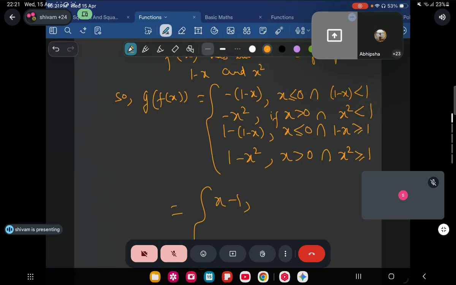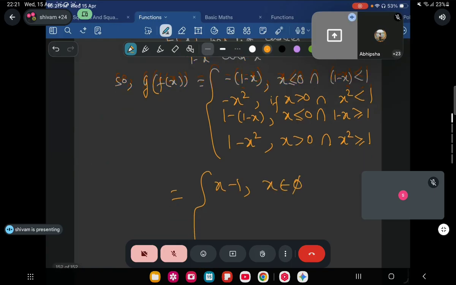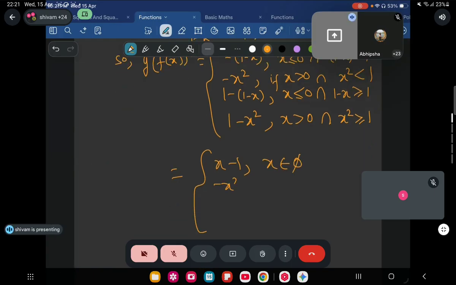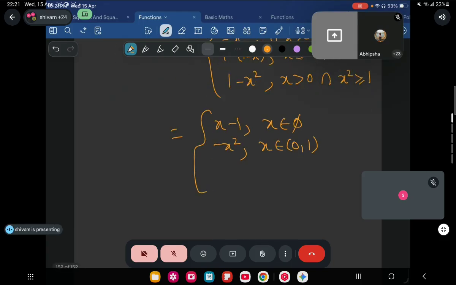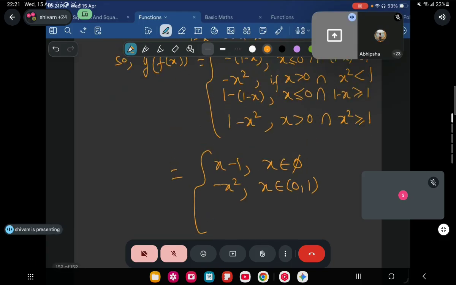Can you see that over here x belongs to the empty set? Next, it will become x square when x is greater than 0 and x square is less than 1. That means x belongs to (0, 1) if you take the intersection. Next, 1 minus of 1 minus x will give us only x, if x is less than or equal to 0 and 1 minus x is greater than or equal to 1.